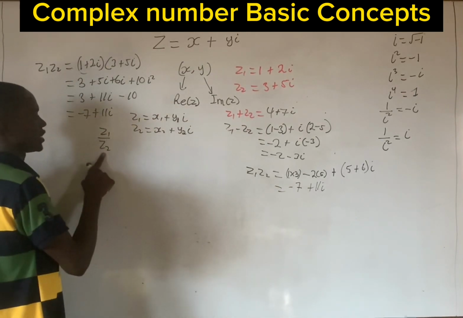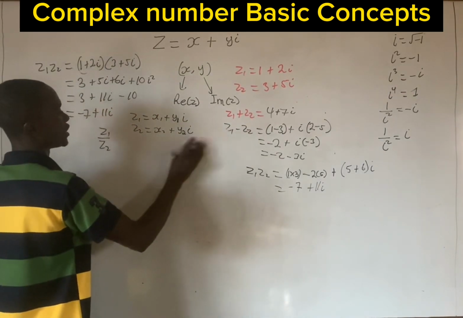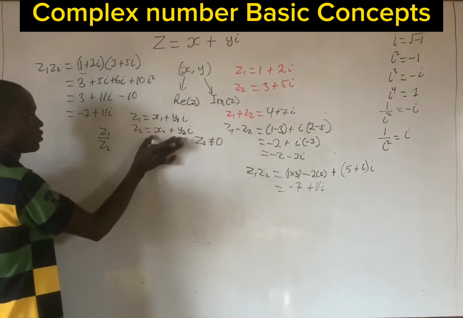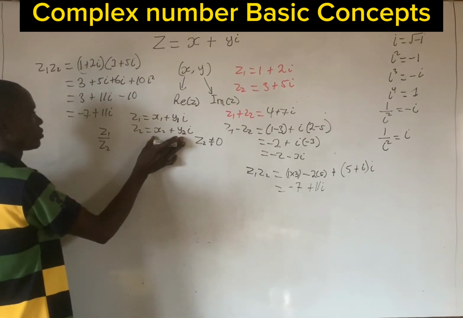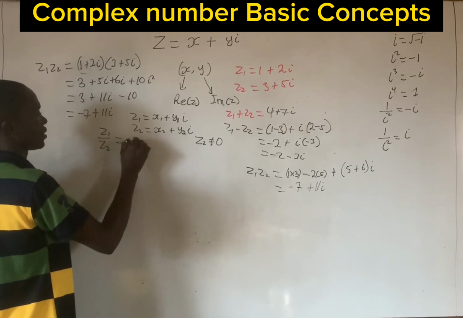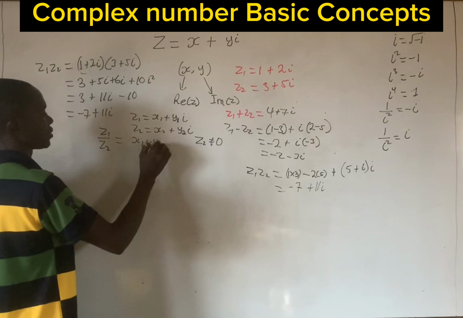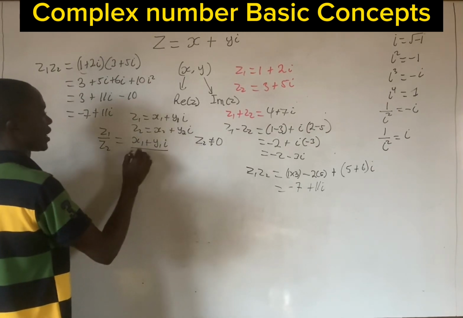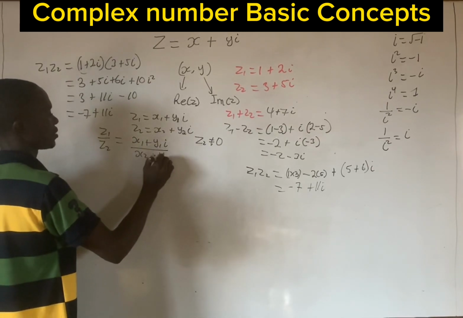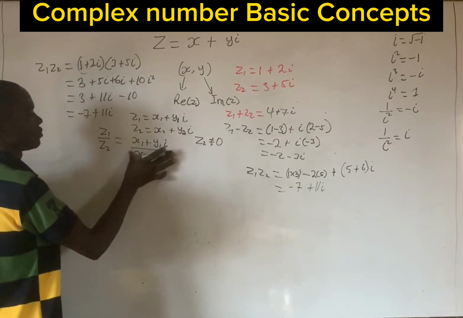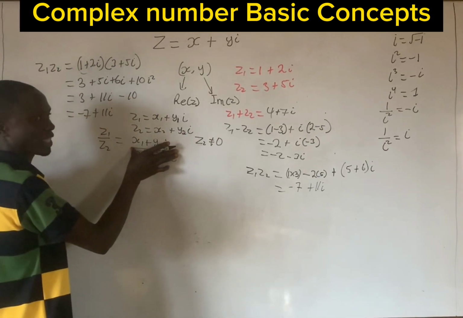Then Z1 on Z2, where Z2 is not equal to 0, is simply given by X1 plus Y1 i divided by X2 plus Y2 i. Now, with regards to this, we have to rationalize.